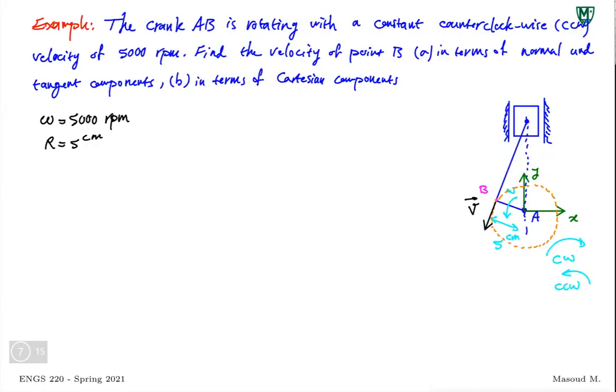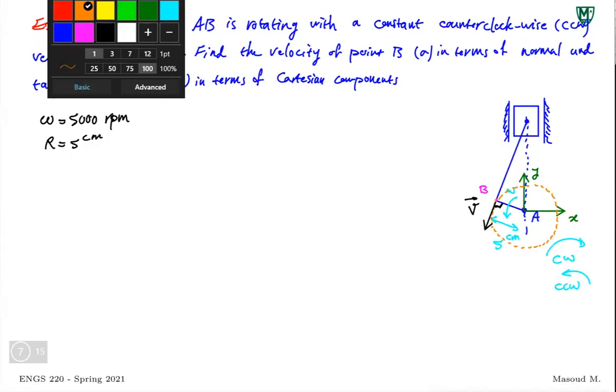And remember, this tangent to a path is perpendicular to normal to a path. So this angle here is 90 degrees. Just be aware of that. Normal to a path is from the point you're studying towards the center of rotation. That's normal to the path. Your radius of curvature r is 5 centimeters. Tangent to a path is basically your velocity v. Your v is tangent to a path.